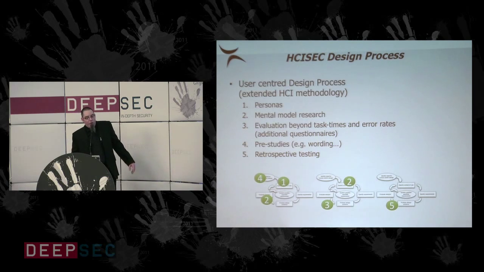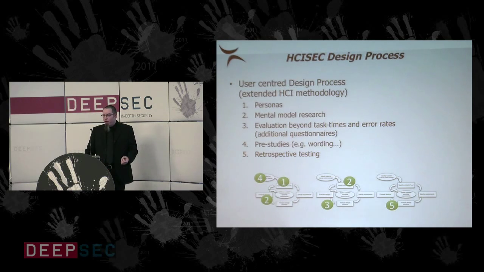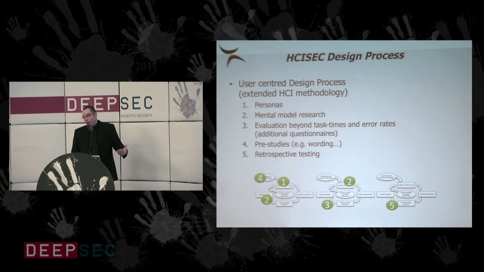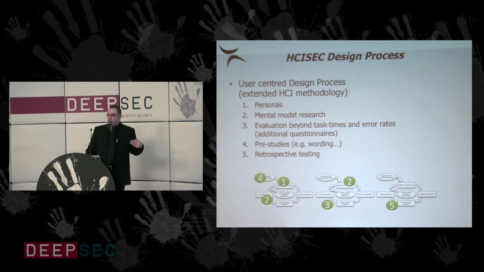I only have 3 iterations on this slide now, but the thing is that we suggest, to tackle these challenges, we apply a mix of classical HCI methodology like personas or retrospective testing, but we also add new research to it. I already stressed the importance of mental model research. Classical usability evaluation is more based on task times and error rates, whereas HCI security evaluations are based on the deep understanding of what has happened.